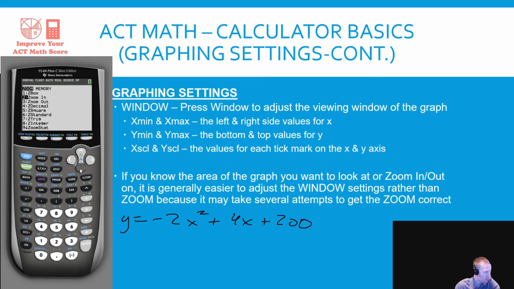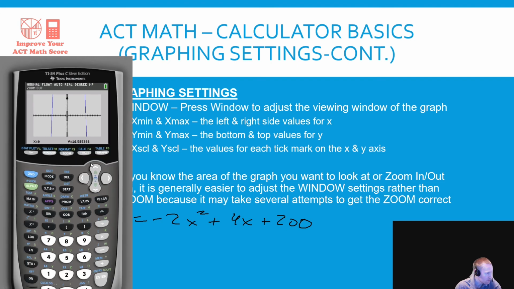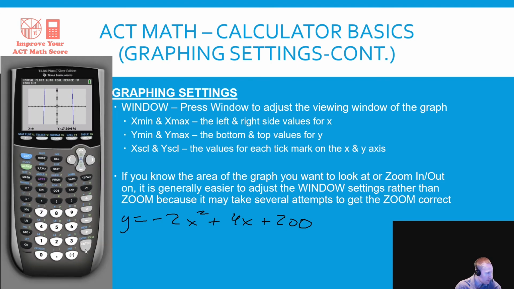So if I go to zoom, and let's say I go to 3, zoom out, and I'm going to move up here because it opens down, so I'm guessing that the maximum point is going to be somewhere way above the origin. So I'll move up here, then hit enter, and it's going to zoom out.